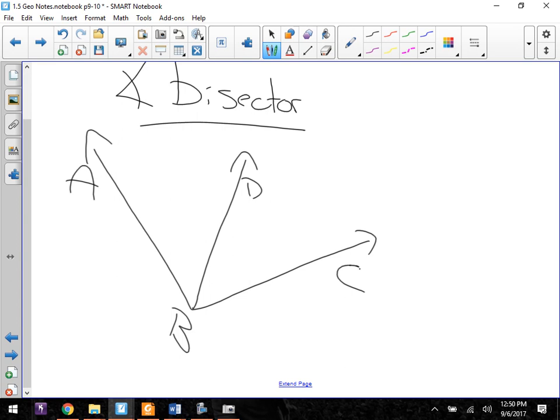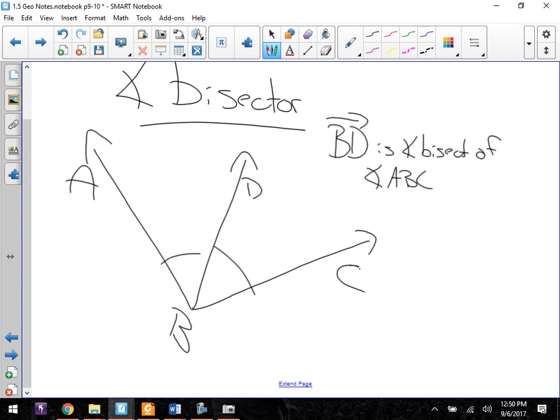How many angles are congruent then? If I say that ray BD is an angle bisector of angle ABC, then two congruent angles are formed. Yep, and you're right, because now, vocabulary-wise, it means that those two are the same.